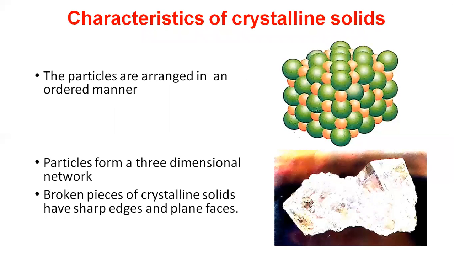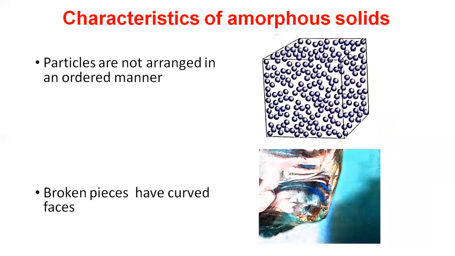Let us see the characteristics of crystalline and amorphous solids. In crystalline solids, the particles like atoms, ions, and molecules are arranged in a definite pattern and in three-dimensional order. In amorphous solids, particles do not have regular arrangement.